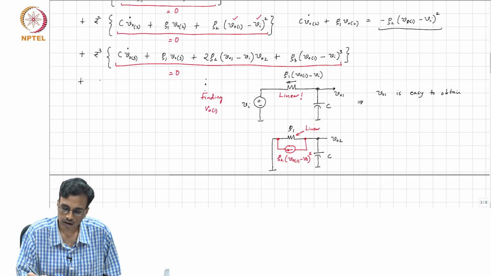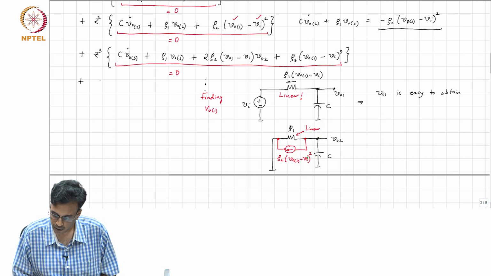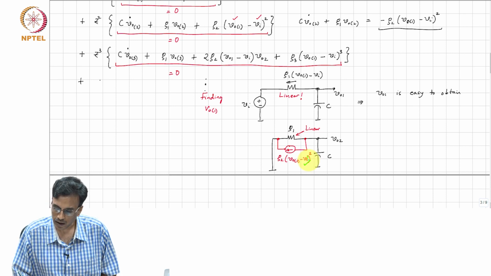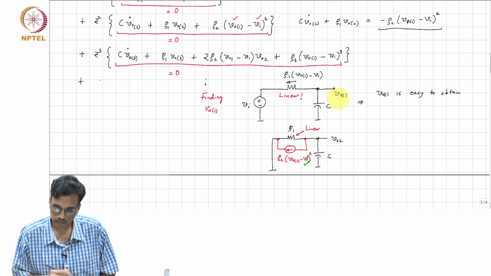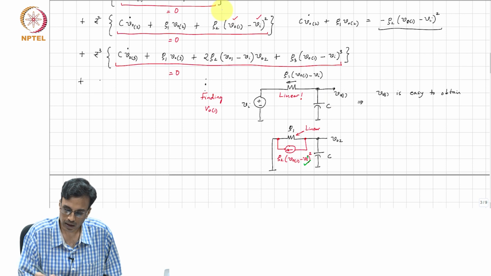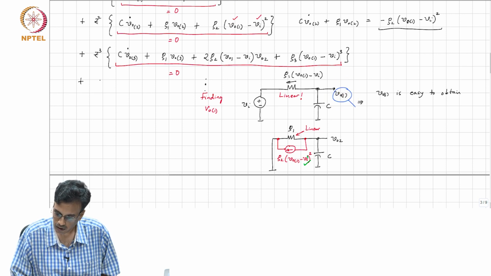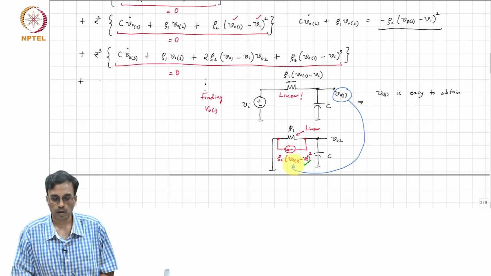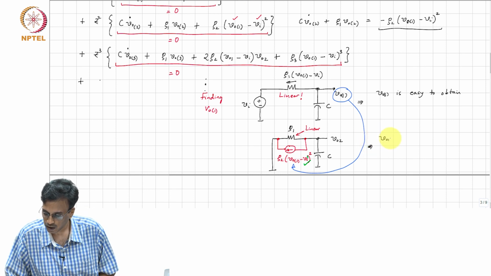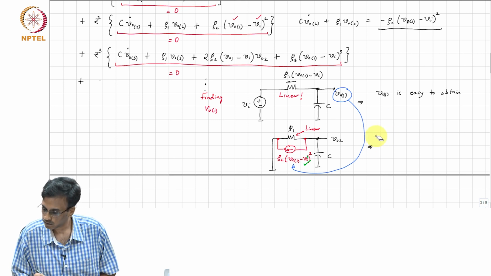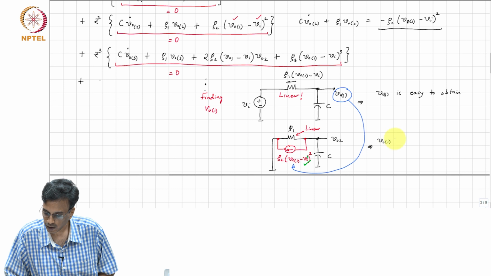Linear resistance. This is also a linear resistor. Right? And this is of course the input, and therefore this is known, and VO1 is known from the previous step.